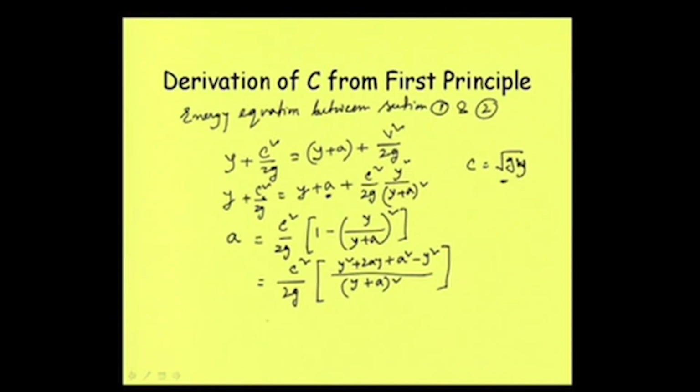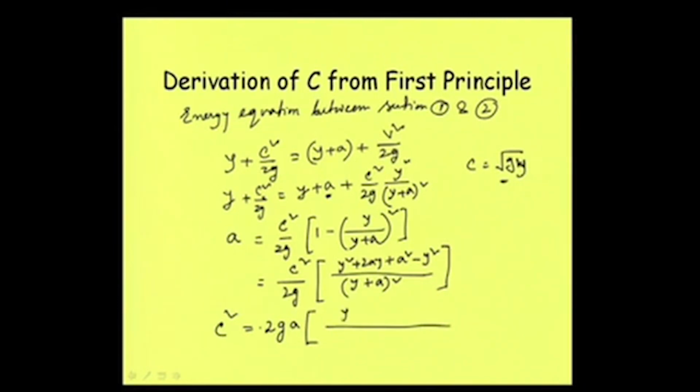So from here let us write one expression for c. c square is equal to twice g a, and then the reciprocal of this term, written in the reverse direction.